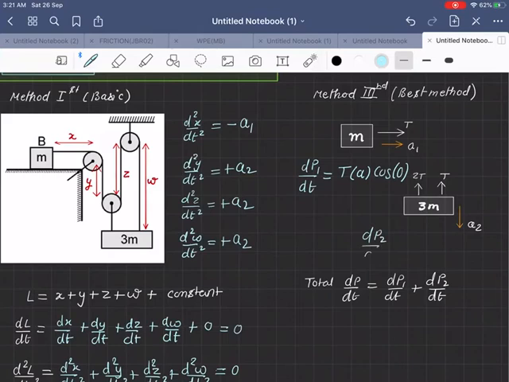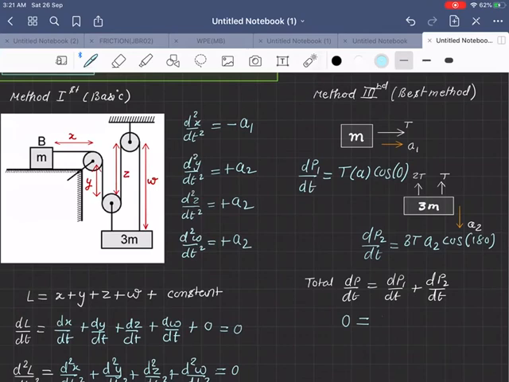dp2 by dt here is going to be the total force 3T, acceleration a2 and cos. What do you think the angle between them is? Well, they seem to be opposite, tension upward, acceleration downward, so we are going to get 180 degrees here. Now after that, the total rate of change of power is 0 because power is 0 itself.